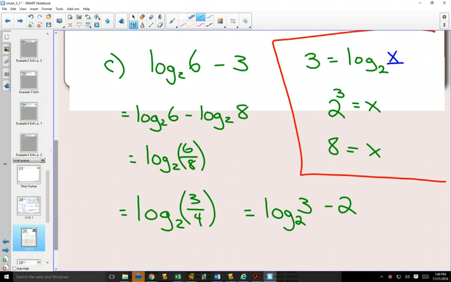So what's log 2 of 3 divided by 4? Well, it would be log 2 of 3 minus log 2 of 4. Does that make sense using the log law for when you divide, you subtract? And then log 2 of 4, 2 to what power is 4? 2 to the power 2 is 4, so log 2 of 4 is equal to 2. So it's just kind of a weird looking thing to say log 2 of 6 minus 3 is equal to log 2 of 3 minus 2.